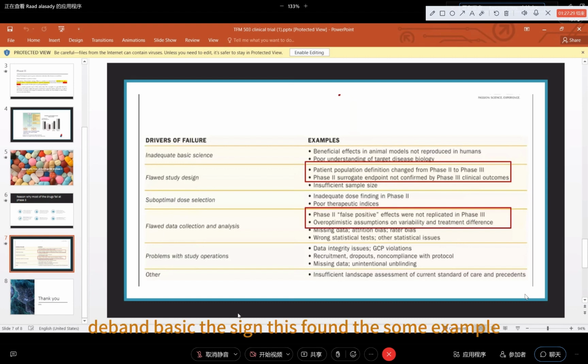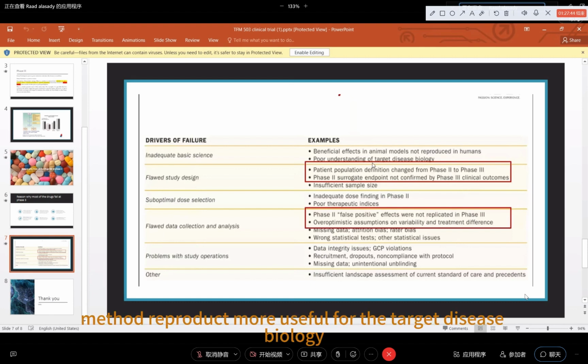Depending on basic science, there are some examples: basic science, beneficial effect in animals, method reproduction poor, useful for the target disease biology.